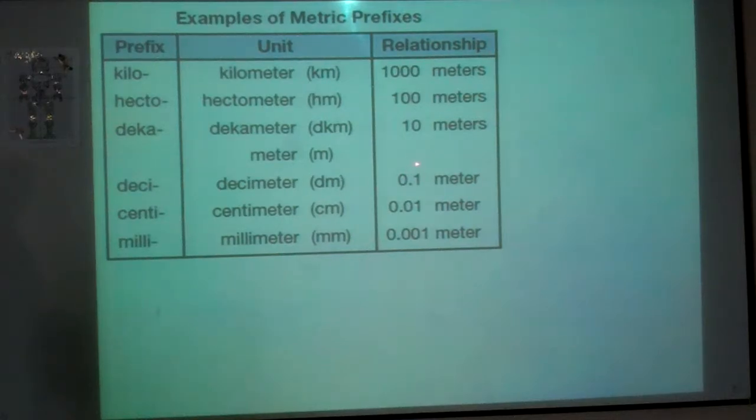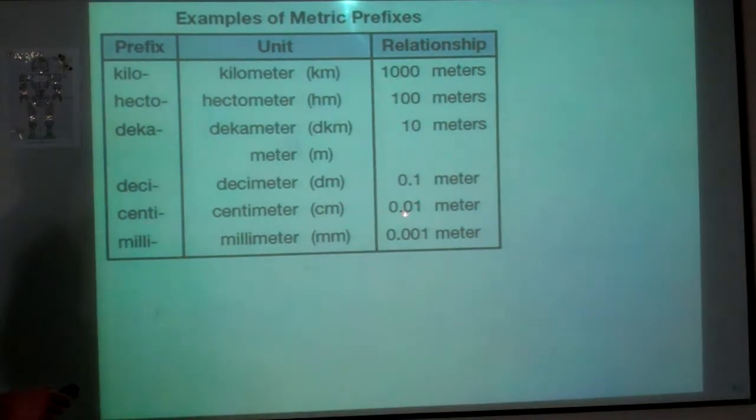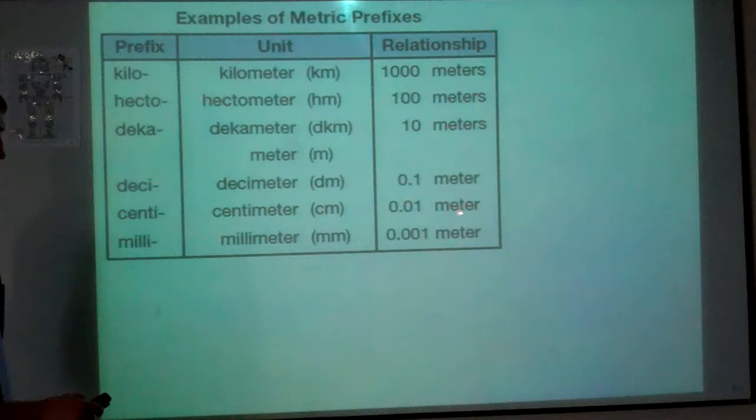So 1 meter, a decameter would be 10 meters, hectometer would be 100 meters, kilometer would be 1,000 meters. And if we go down, we're going down by tens. This would be 1/10 of a meter, a decimeter. Centimeter would be 1/100th of a meter, and a millimeter would be 1/1000th of a meter.